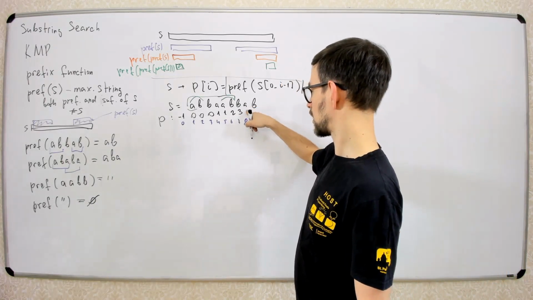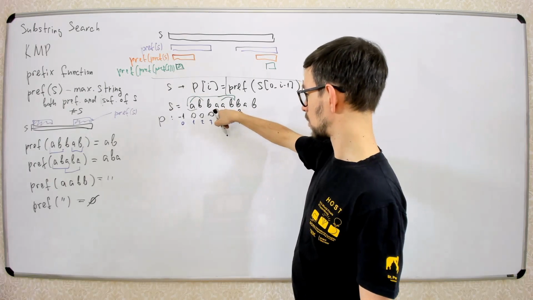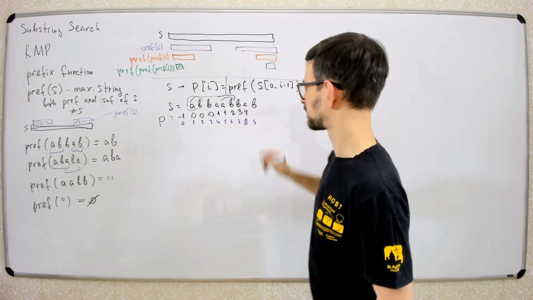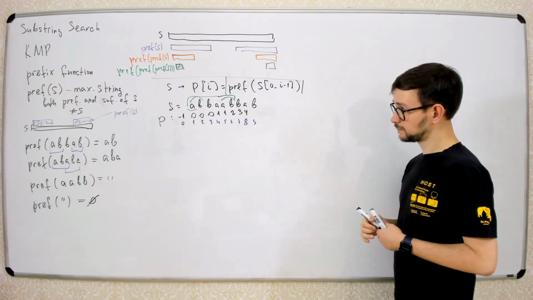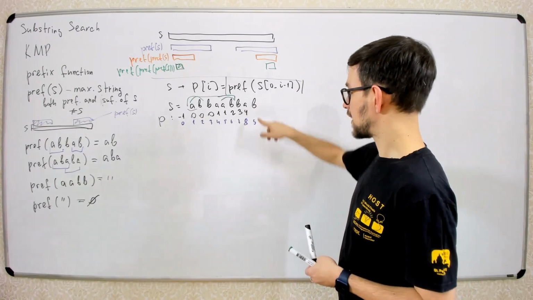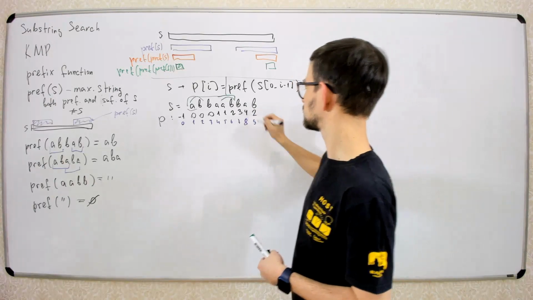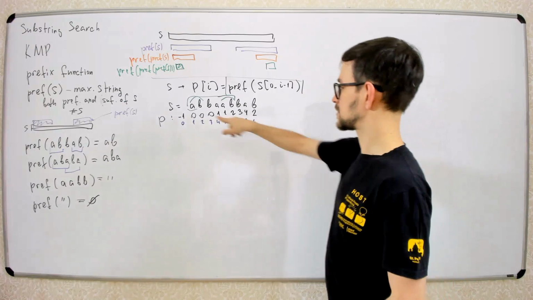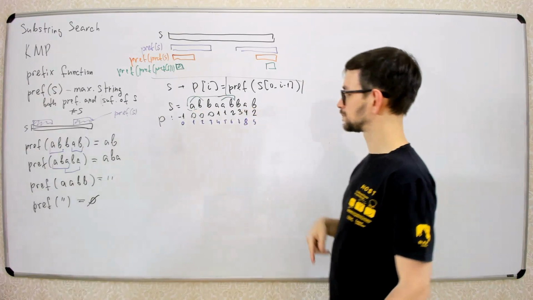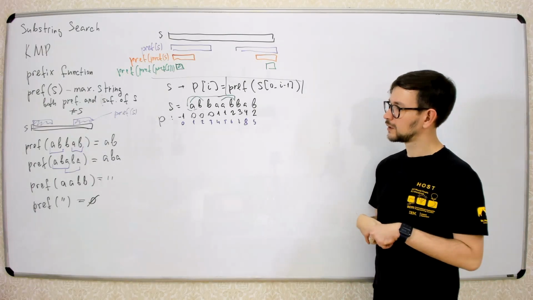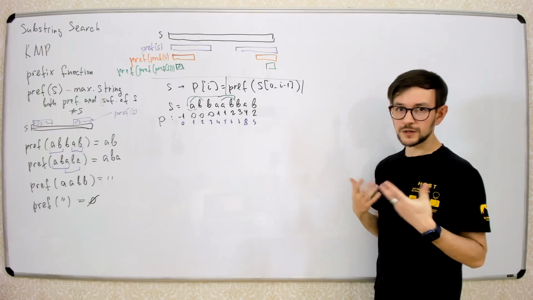Here again we have A, and here we have A. So the length will be 4. And finally here the largest string will have size 2, right? Since we have string AB and string AB here. Again, that's the whole thing.